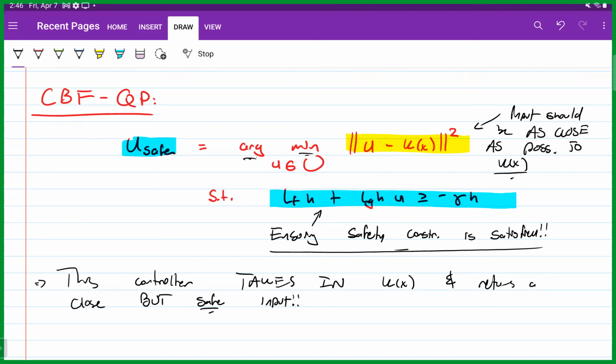A lot of the time in practice, you can incorporate this CBF constraint directly into an MPC problem, and then you can get guaranteed safety through MPC that way. Is it the part that's highlighted that includes the other objectives you have besides safety? That's right. K of X incorporates everything about tracking, and we're just saying try to get close to that tracking input while ensuring we have safety.